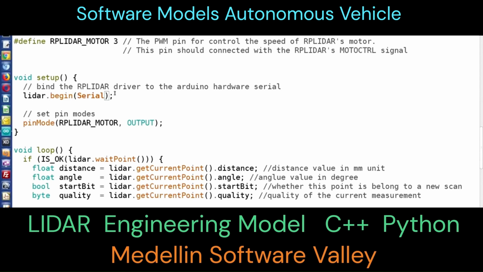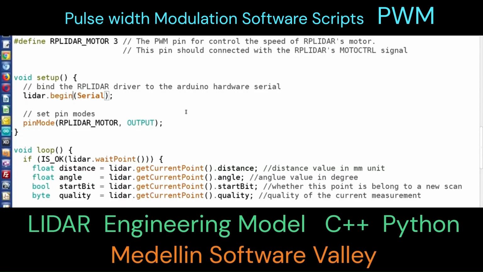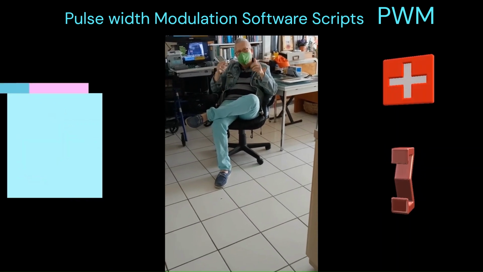The main LIDAR sketch code is based on the RPLIDAR driver library. So create the LIDAR driver instance. Then define the RPLIDAR motor, that is the pulse width modulation, to control the speed of the LIDAR motor. Now let's set the void setup. Bind the LIDAR driver to the CPU board, that is the main CPU board.